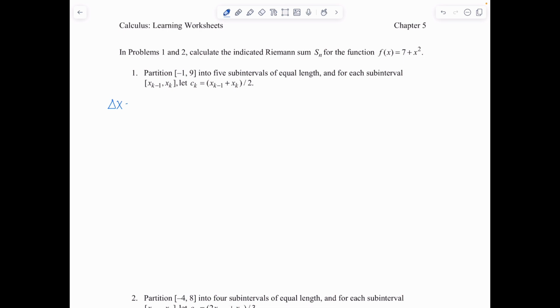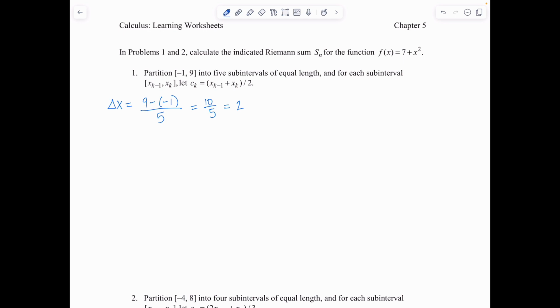We are finding from -1 to 9, and we want to break it into 5 subintervals of equal length. So we need to find our difference, 9 minus -1, and divide it into 5 equal groups. This gives us 10 over 5, which we know is 2.